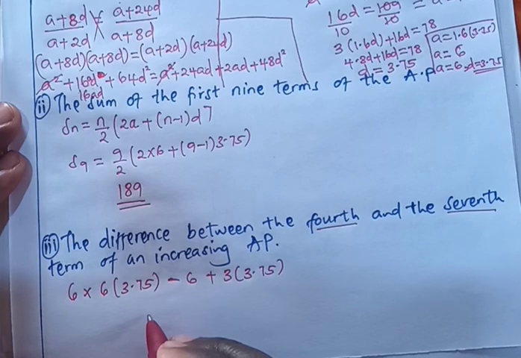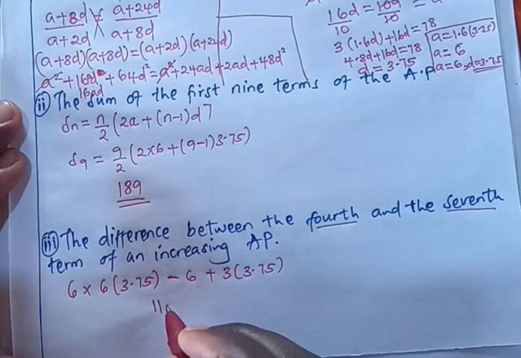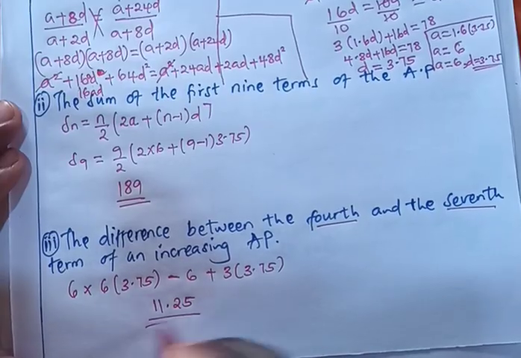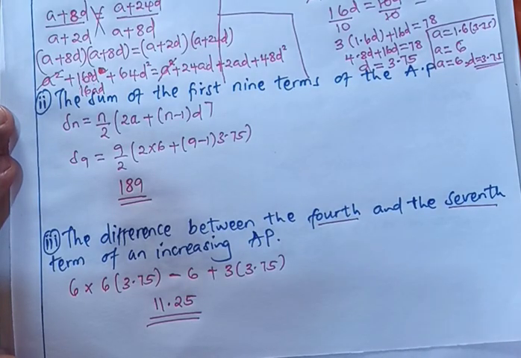I'm very sure if we do this, we are going to get 11.25 as the difference between the fourth and the seventh term of an increasing arithmetic progression.